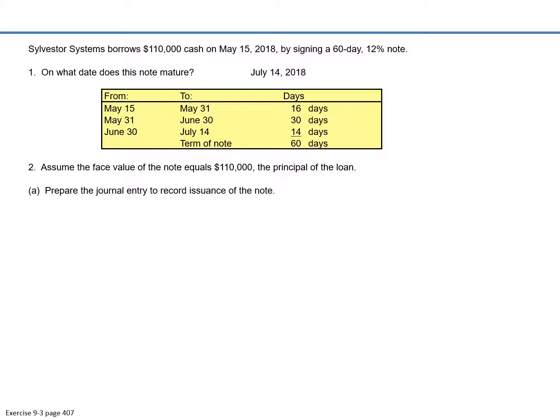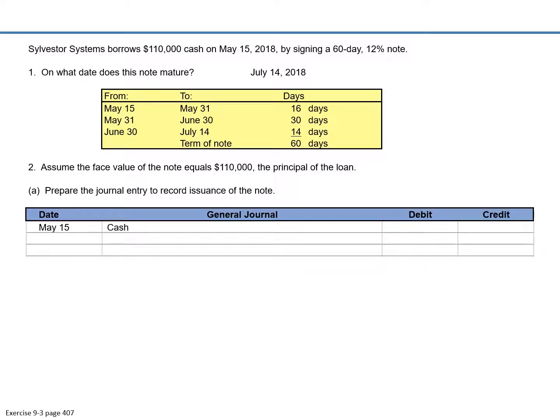So assume that the face value of the note equals $110,000, the principal of the loan. Prepare the journal entry to record the issuance of the note. So we've got cash of $110,000, debit, and credit to notes payable for $110,000, right?